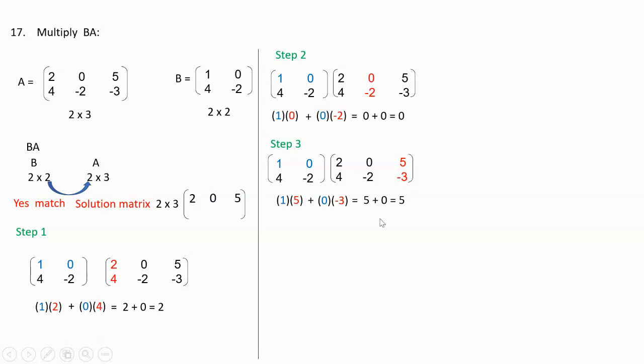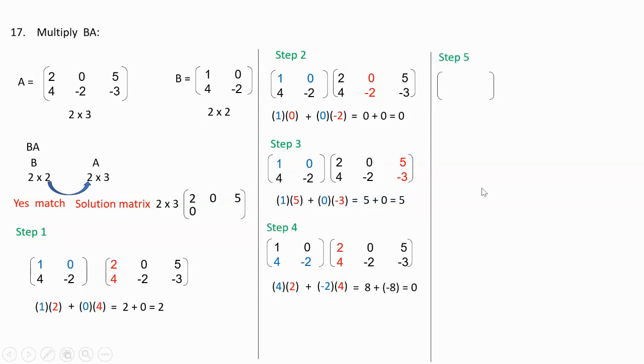Since we're done with all the columns, now we're going to do the second row times every column. Now we're doing the second row times column number 1. So 4 times 2, negative 2 times 4. That will give us 8 plus negative 8, or 8 minus 8. The answer is 0, so the 0 goes on the second row, first column.